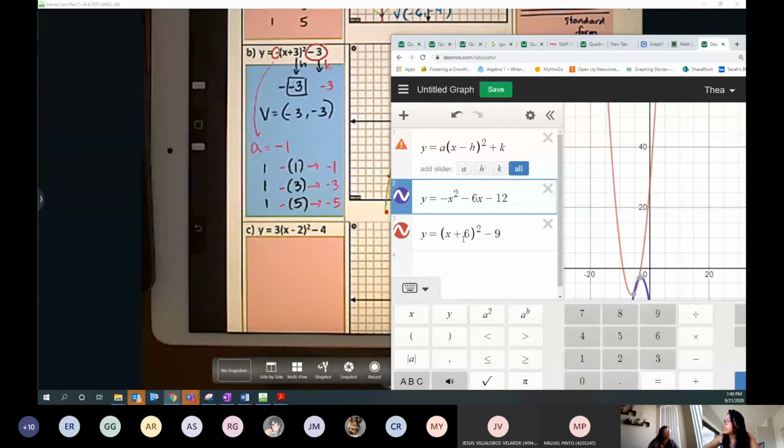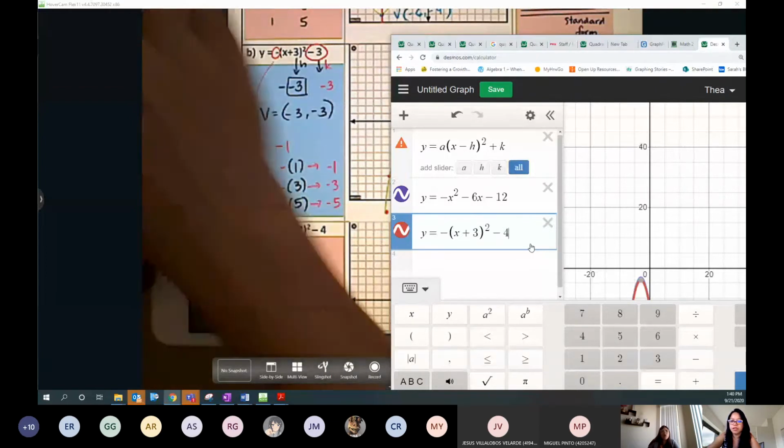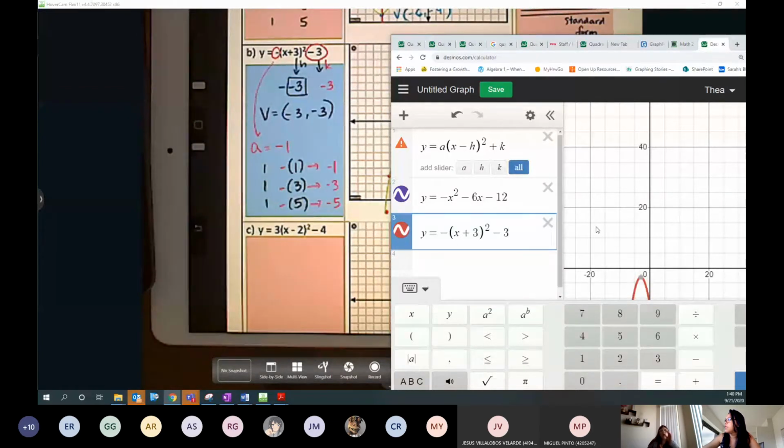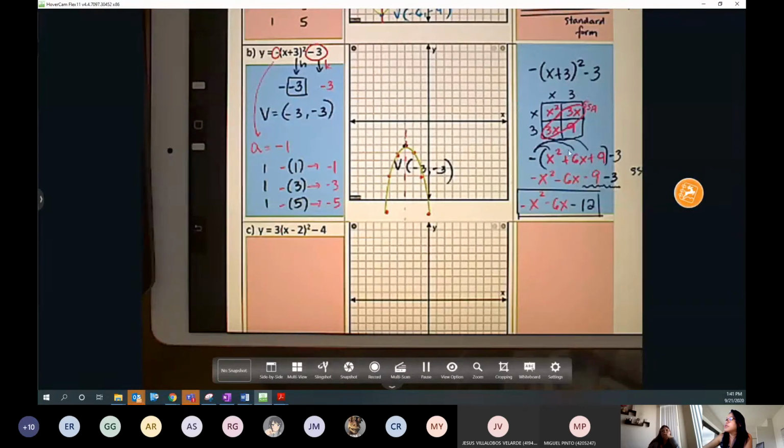Okay, and I'm gonna put the vertex form as well. All right, so these are the same graph. Then that means this is correct.